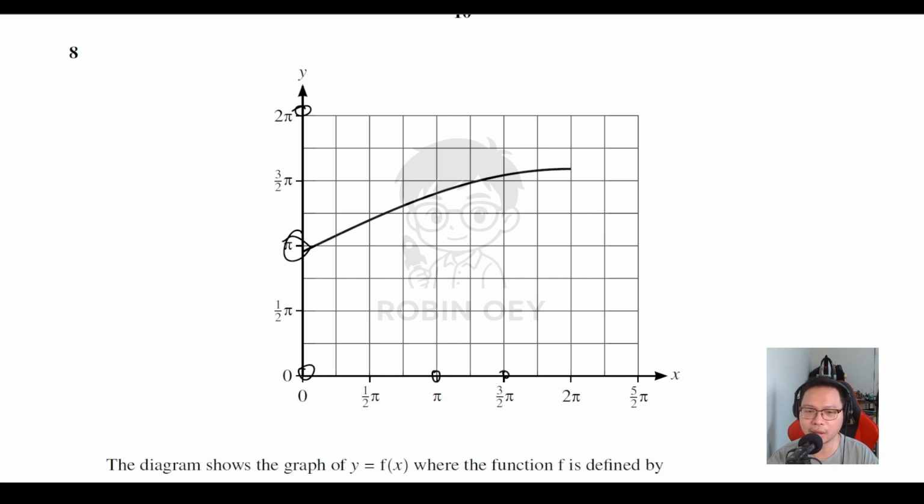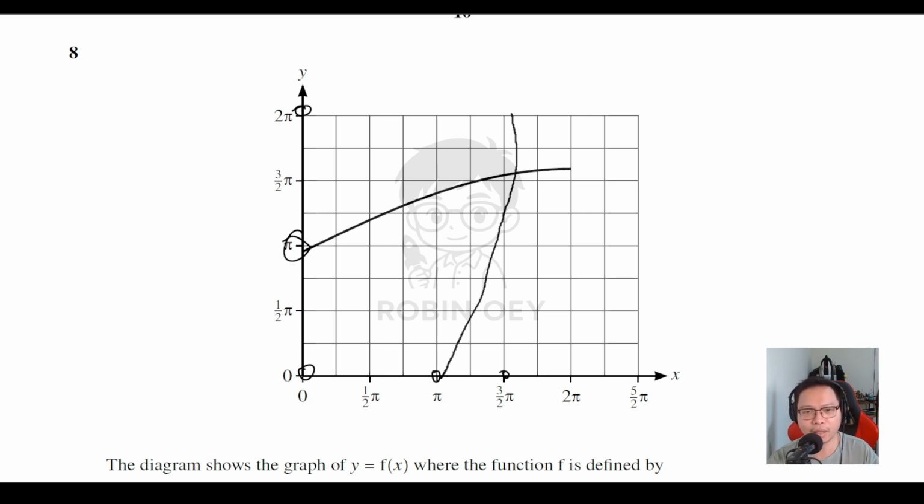So remember, we just have to flip the x and y. With that being said, the graph will look something like this. We just have to flip the x and y.